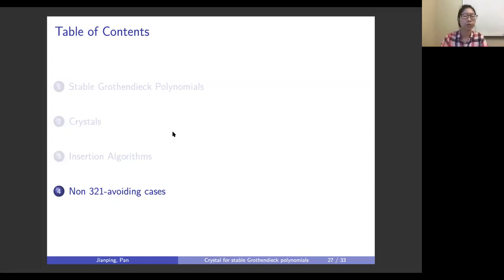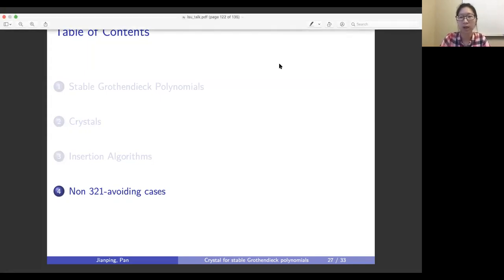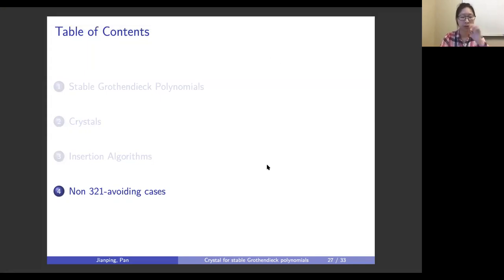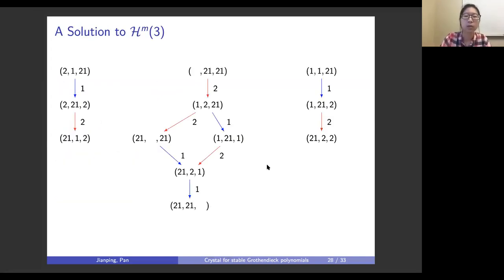But so far, we've only talked about 3-to-1 avoiding cases, because the cases containing a braid are so difficult. Okay, let me talk a little bit about what we have done on those cases. When there are only 2 letters for H3, so the Hecke words in 1 and 2, we actually find a crystal structure on them with some interesting twisting rule.